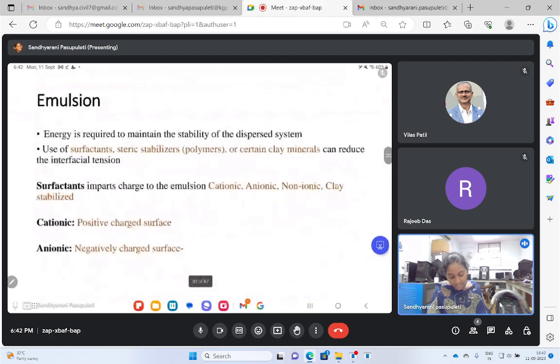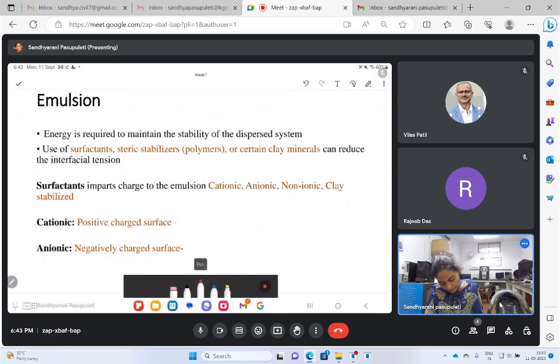This external energy is usually provided using emulsifiers, also called surfactants or stabilizers. There are many external agents we use to keep those small bituminous particles away from each other. We do not want them to collide for a particular amount of time, until they go and coat the surface of the aggregates.